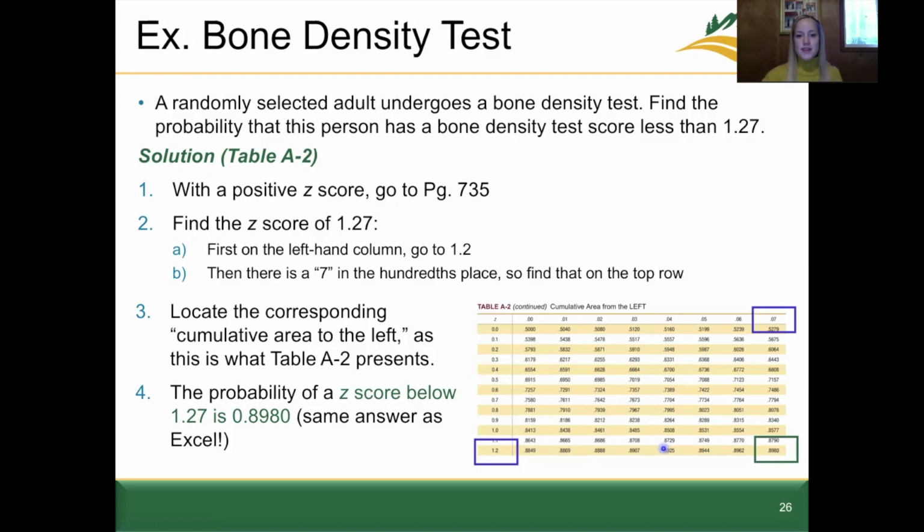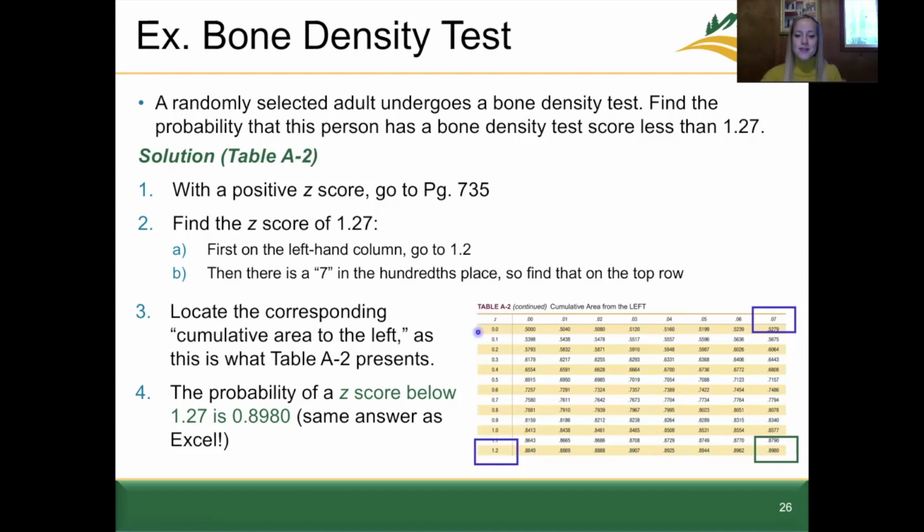Okay, so using table A2, first we decided positive z-score or negative z-score. We went to the page for the positive z-scores. We found 1.2 in this column. Then because our z-score is 1.27, we find the correct digit in the hundredths place, and then we find our corresponding area or probability value.